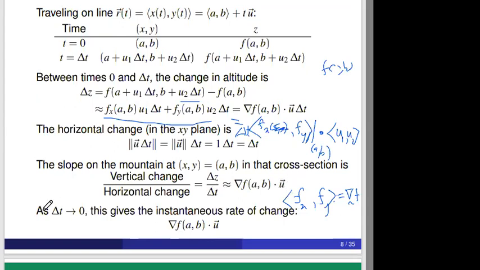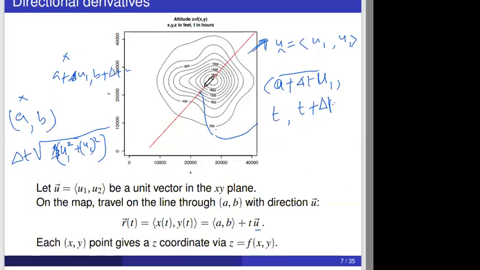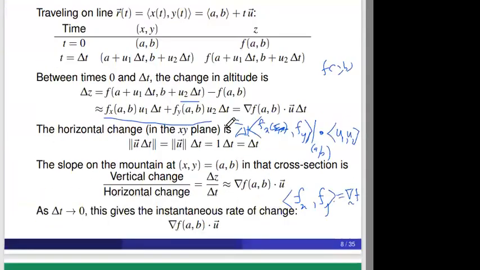If delta t is infinitesimally small, then this is equal to the gradient of f evaluated at the point p dotted with the unit vector.